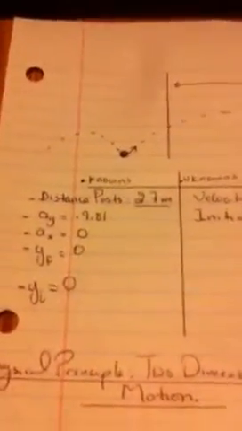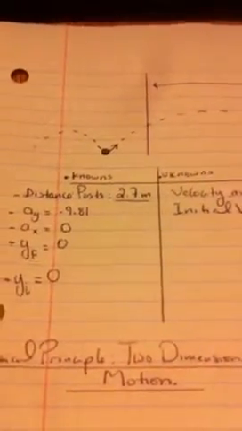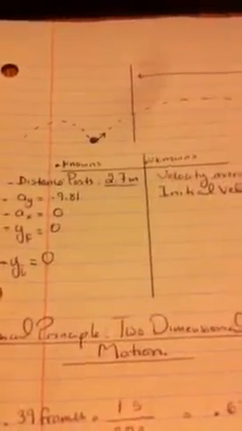Here we have a list of knowns and a list of unknowns. For the knowns, we know that the distance between the two posts shown in the video is 2.7 meters. We know that the acceleration in the y direction is always going to be 9.8 meters per second squared.